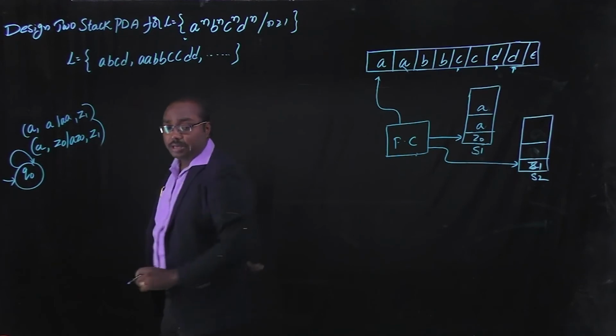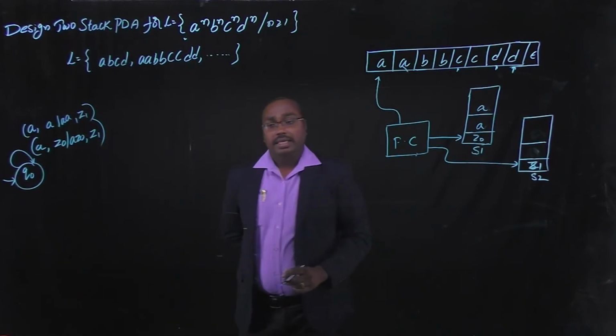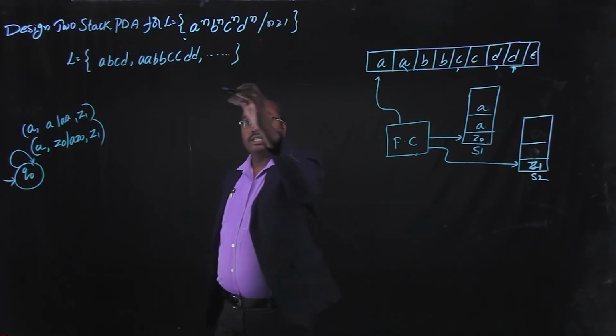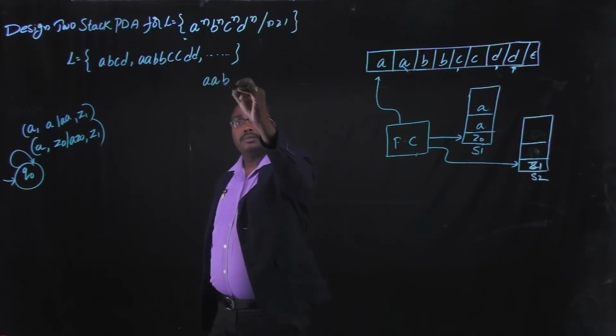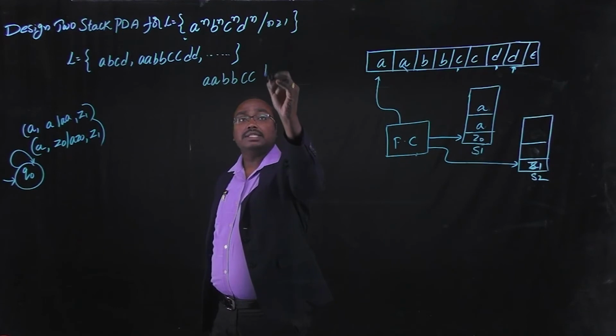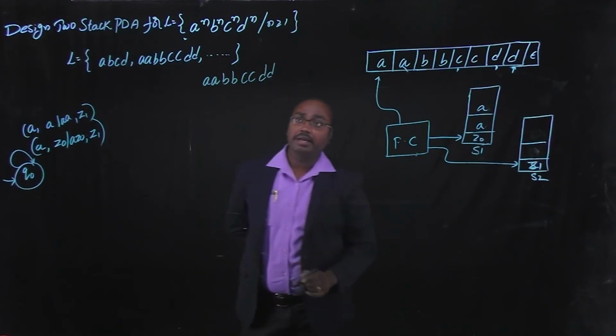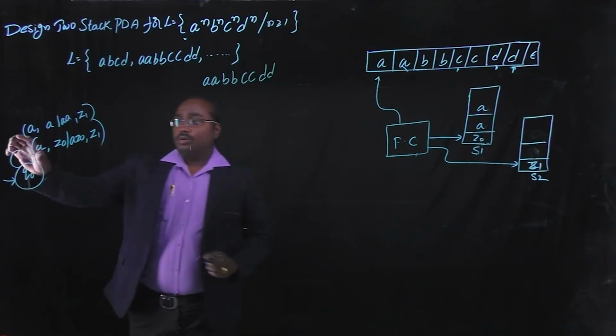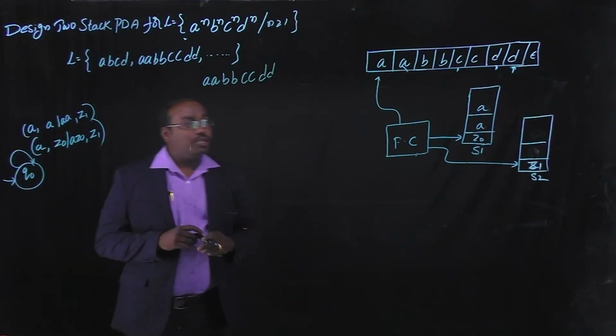So in this step, all A's are inserted onto stack 1. For example, this is my assumed string A, B, B, C, C, D, D.